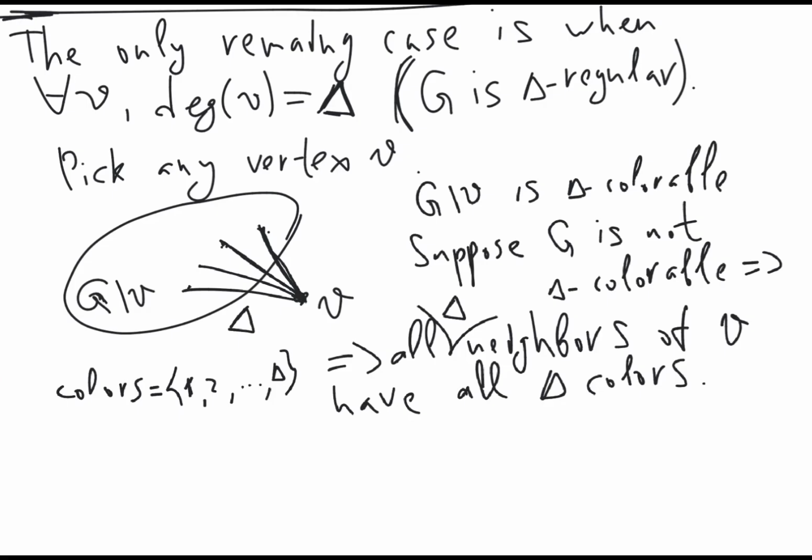Now we denote the vertices of the neighborhood of V, the adjacent vertices to V, by V1, V2, and so on, V delta, and enumerate them in such a manner that Vi has color i.